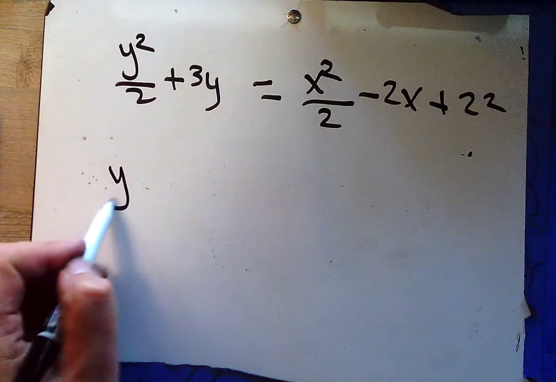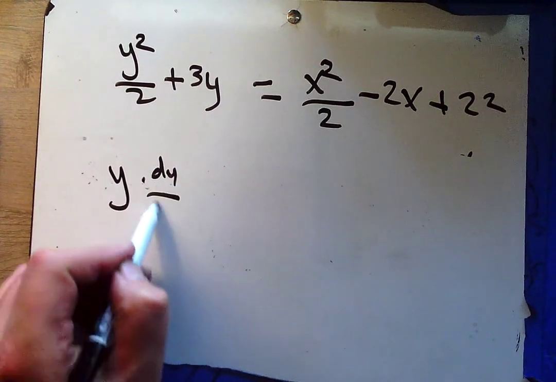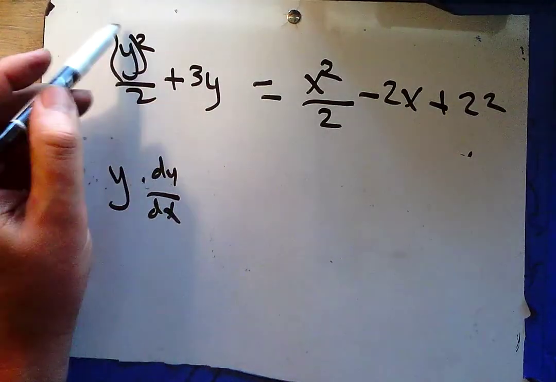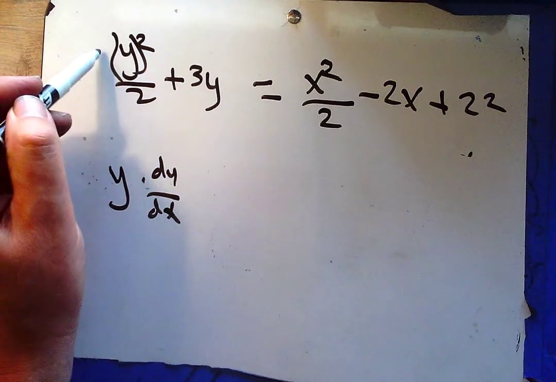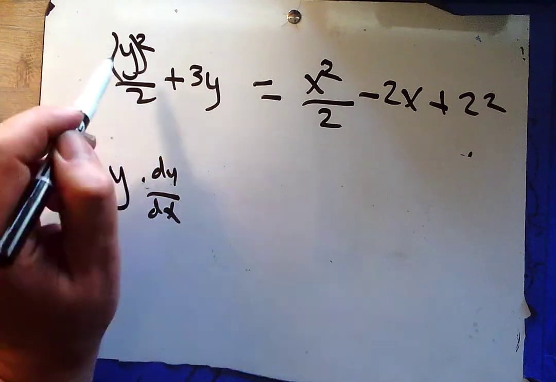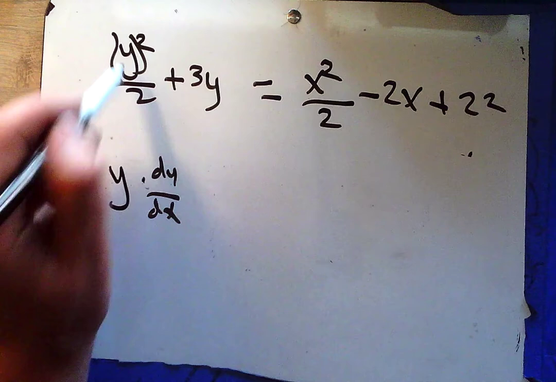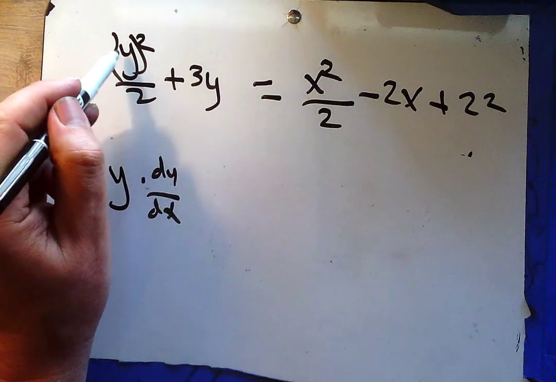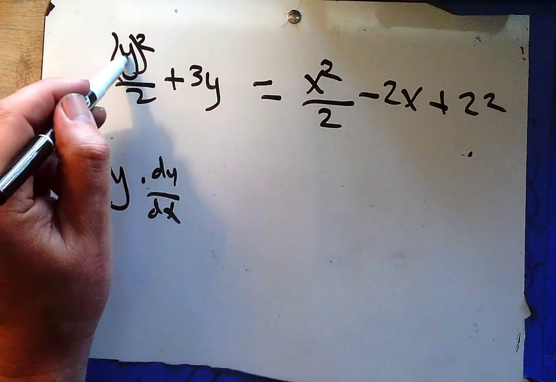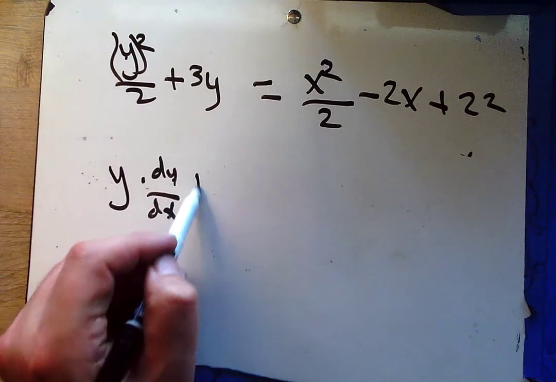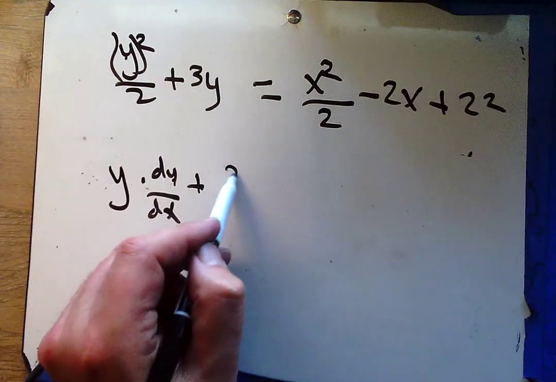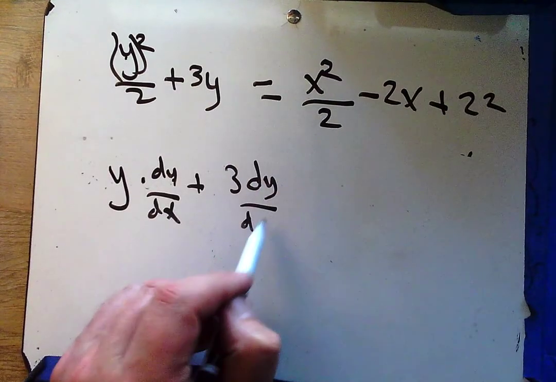Derivative here, y times dy/dx, right? Because you're taking the derivative of the outside squaring, which brings that down, and then those cancel, and you're leaving the inside alone. And then you're coming back and multiplying by the derivative of the inside with respect to x. The derivative here, 3 dy/dx.